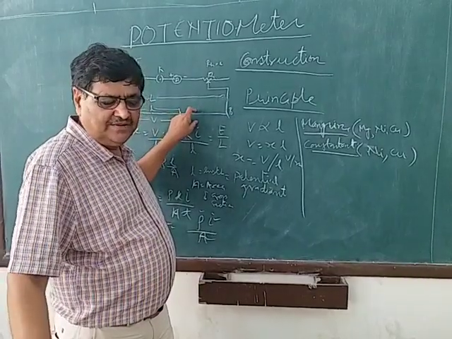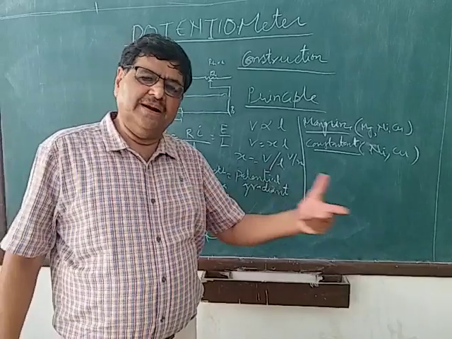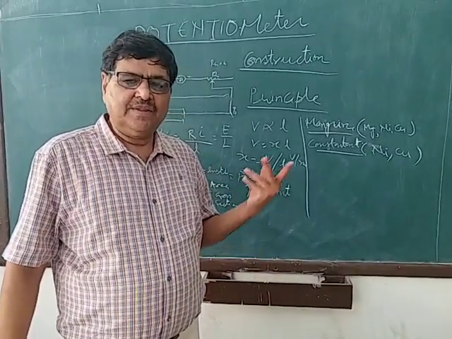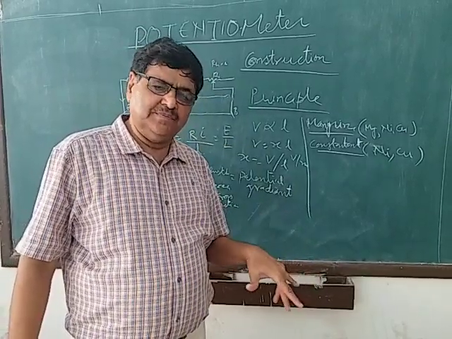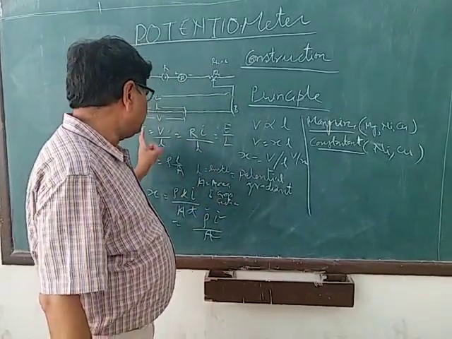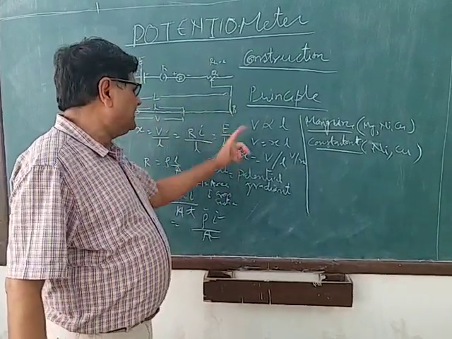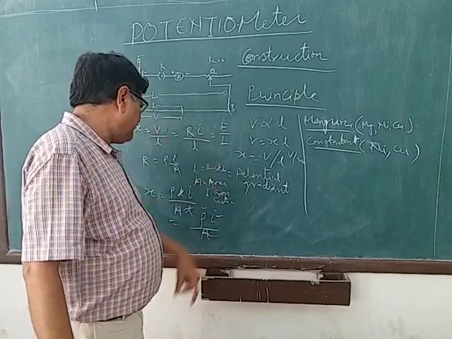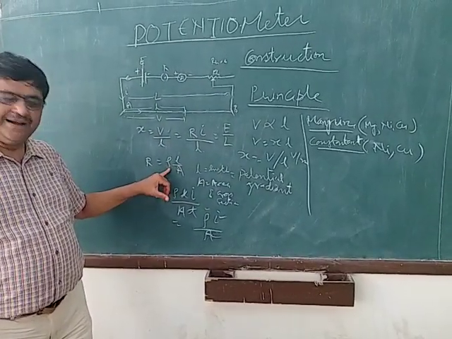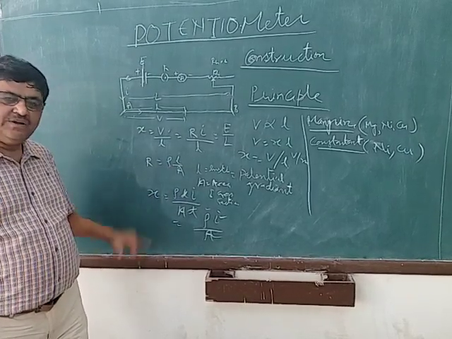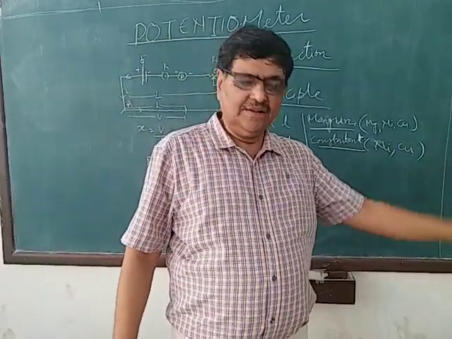But if we take these alloys, they have high resistance, so flow of current is very less and heat produced will be very less. Why do we want less production of heat? Because if heat is produced while current flows, then temperature will vary at various places. Because of that variation in temperature, rho will vary, because rho depends on the temperature, and X will also vary. That we don't want. We want X to remain always constant.